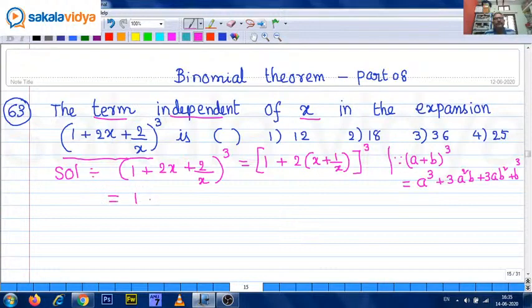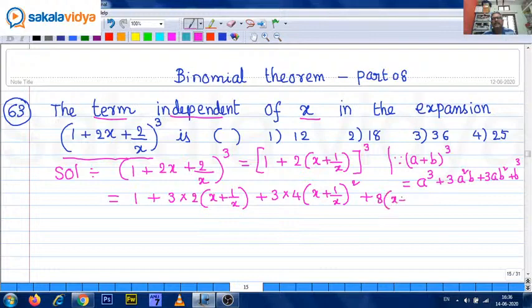1 cube is 1, plus 3 times a square, a square is 1, into b, b is 2(x + 1/x), plus 3 into 1 into b square. b square means 2 square is 4 times (x + 1/x) whole square, plus b cube, b cube means 8 times (x + 1/x) whole cube.